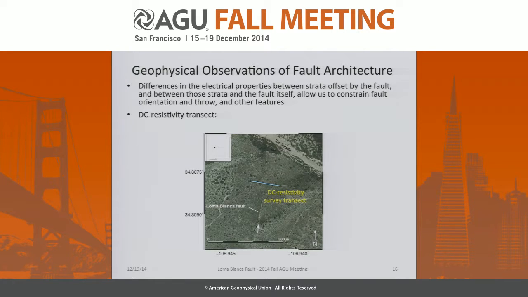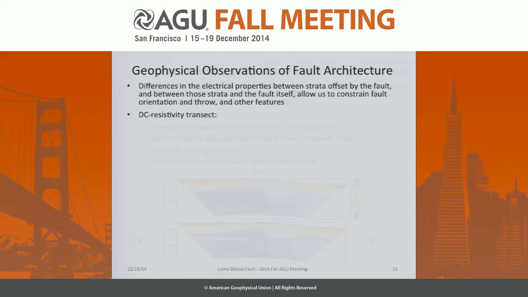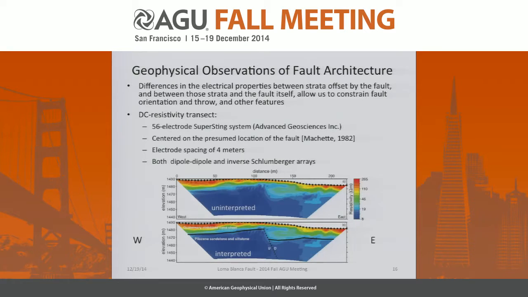The geophysics include transects across the fault. Here's the one we've done not too far from the Rio Salado, led by Glenn Spinelli. The upper uninterpreted diagram shows you some shallow sediments, basically a sand sheet sitting over more lithified sandstone bedrock.